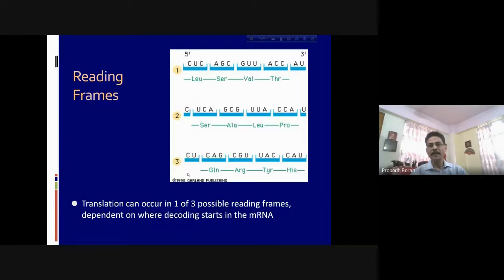sequentially arranged in a messenger RNA for a consistently long length of the sequence without having any stop codon in between. Suppose in this particular frame, after three or four codons for amino acids, there appears a stop codon. What does it mean?